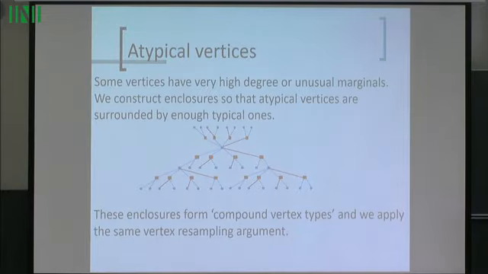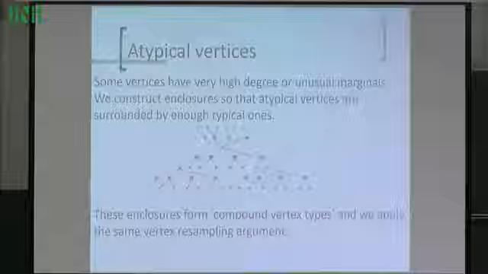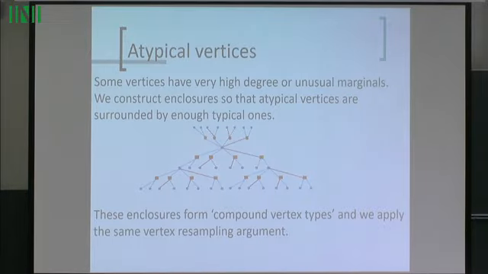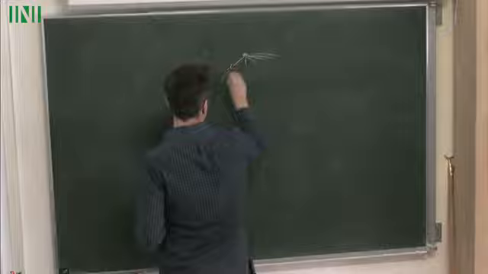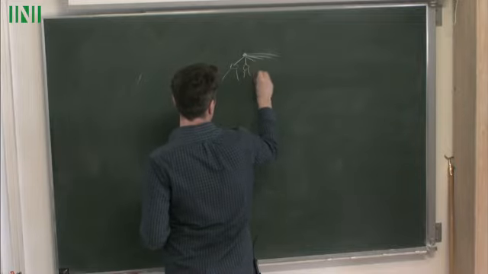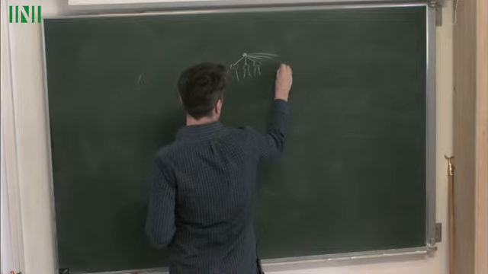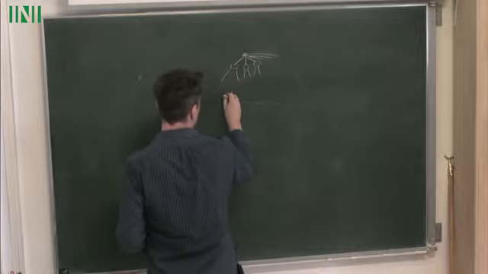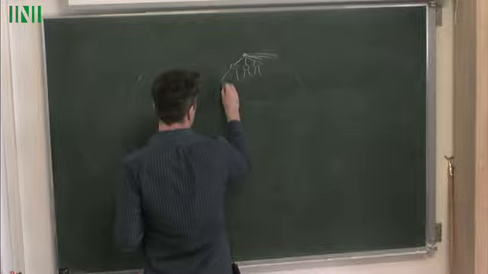And so the argument is to define these compound vertex types in such a way that, so you have a vertex, maybe now with really high degree, and we look at some bigger window around it.